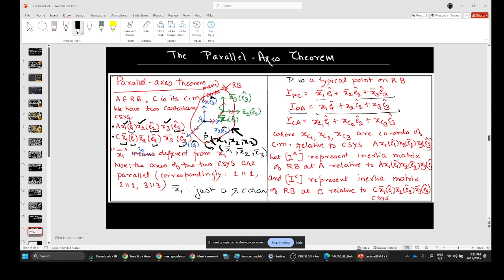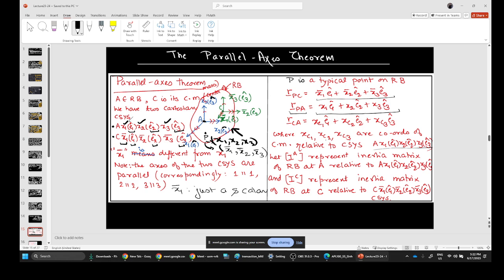Okay. Now if I want to write the vector RCA, look at the figure, RCA, vector going from the origin of the blue coordinate system to the origin of the green coordinate system. That vector will be represented as xc1, xc2 and xc3, where xc1, xc2, xc3 are the coordinates of center of mass relative to the coordinate system, this one.